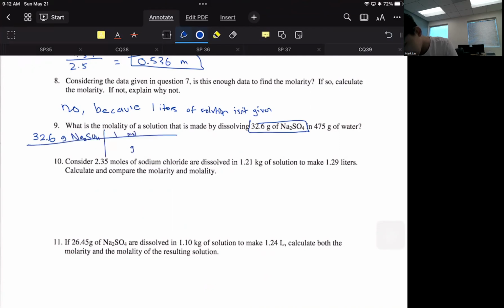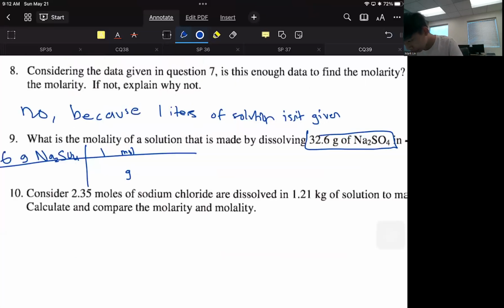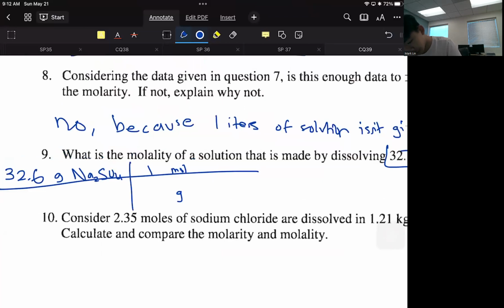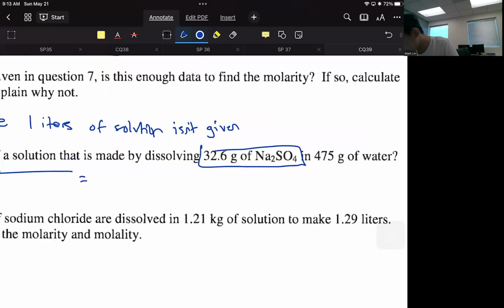The molar mass of sodium sulfate is 142. Divide this out, it's gonna be 0.2229.